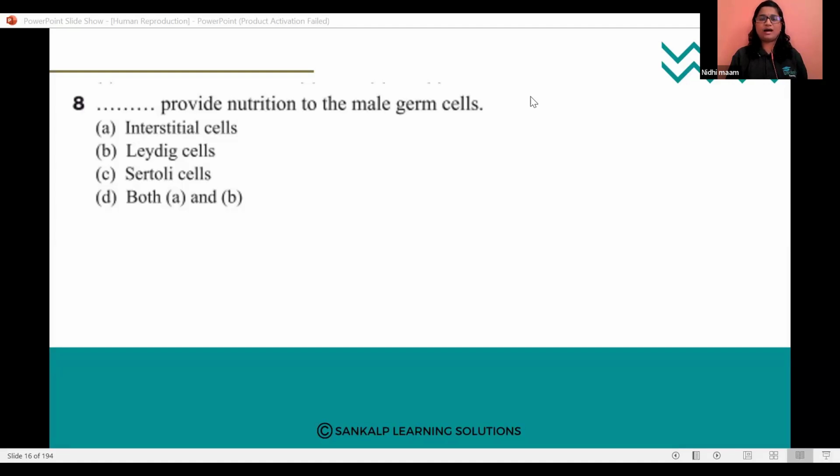Varshini R, Anita, Kirtishri, Shazma, Yamuna Gowda, Supriya MS. Yes, YouTube students, be fast. Fine. So they asked which will provide nutrition to the male germ cells. Most of you voted for option A. Some of you voted for option D, that is both A and B. Some of you voted for option C. B. Gowda also answered it.